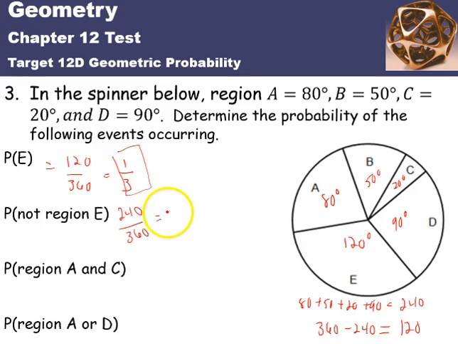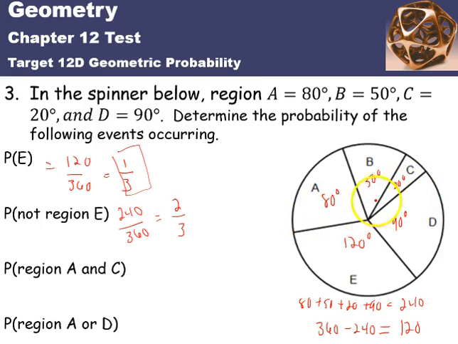So I can divide by 120 again, and I get 2/3. Sorry, 120. Yeah, 2/3, that's right.